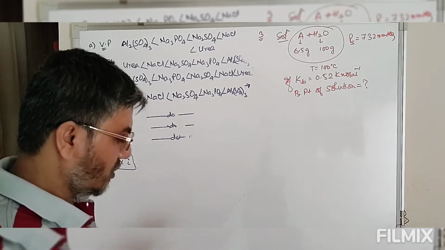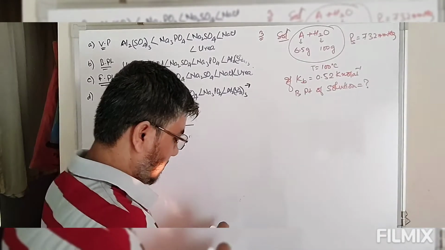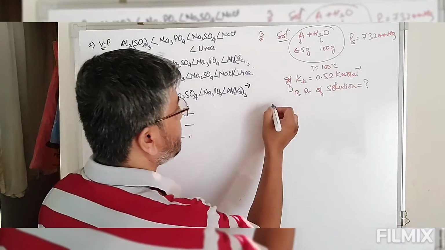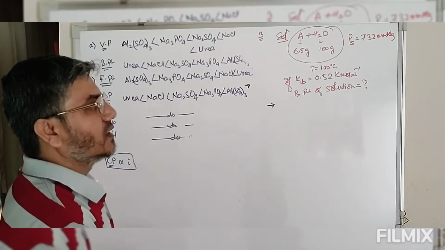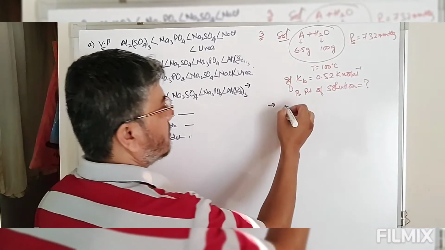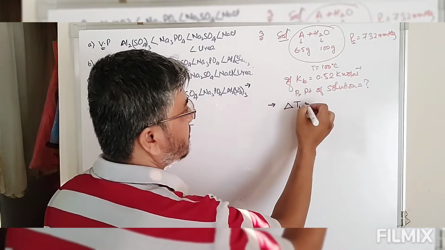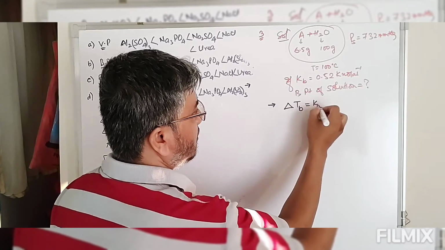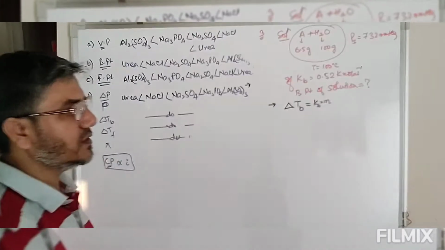Now to define this boiling point of solution, Kb is given. So we have this delta Tb, the elevation in boiling point, which is equal to Kb into molality.